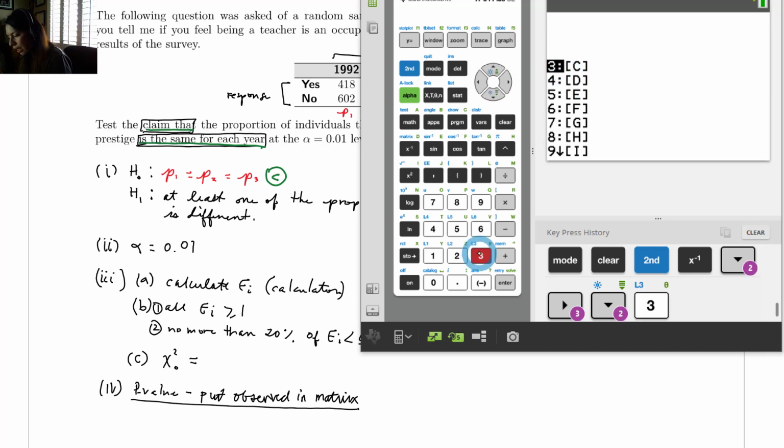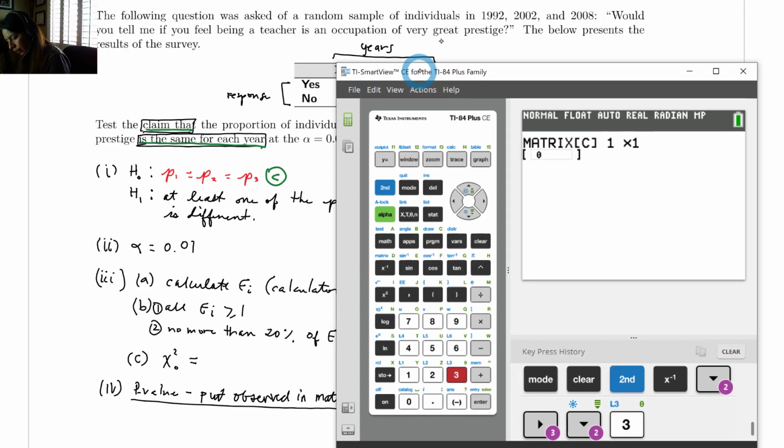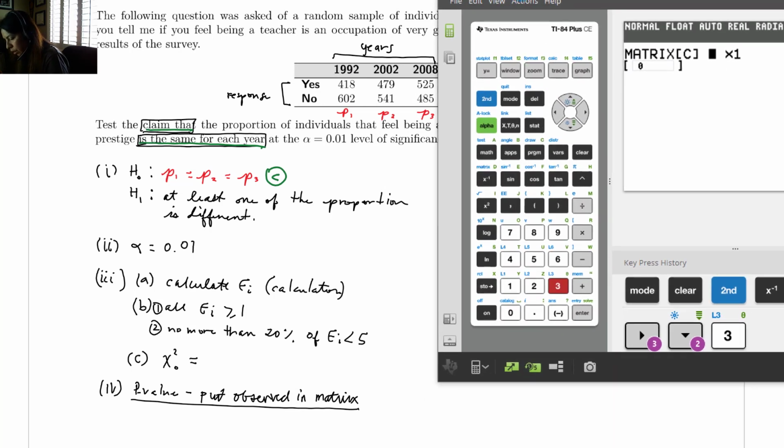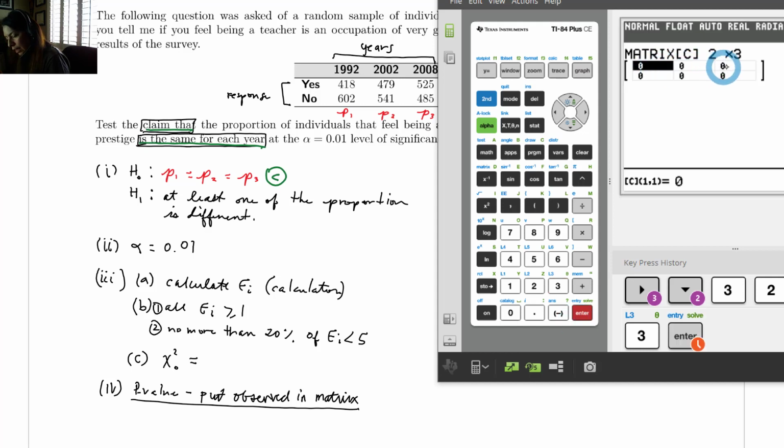Notice in this case I do have 2 rows and 3 columns. And sure enough, that's what pops up here. So yes, in 1992 was 418.